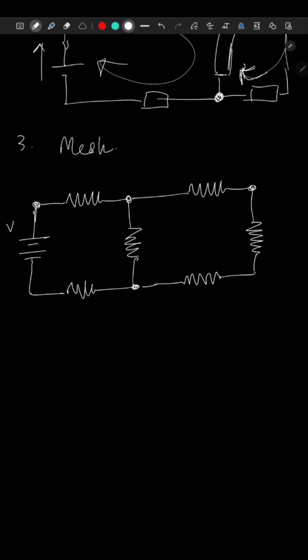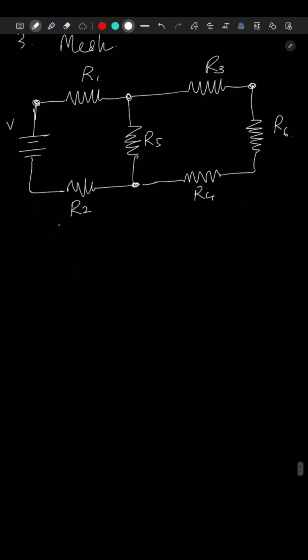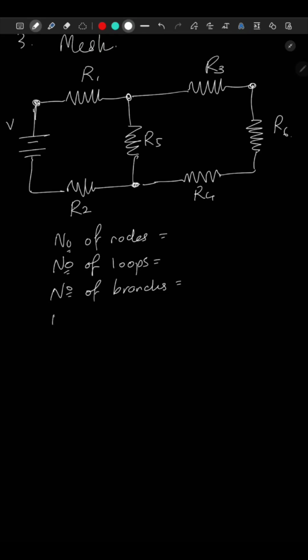So this is a circuit where we have resistors R1, R2, R3, R4, R5, and R6. Now we have to count the number of nodes, the number of loops, the number of branches, and the number of meshes.